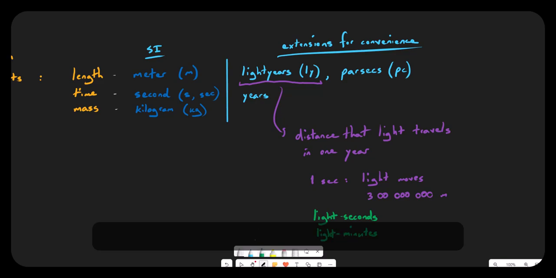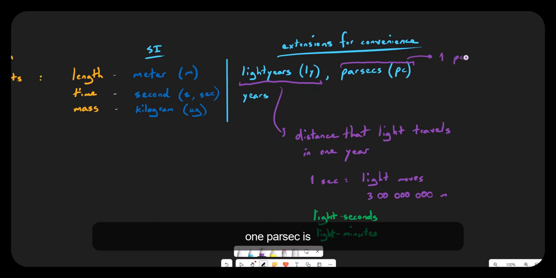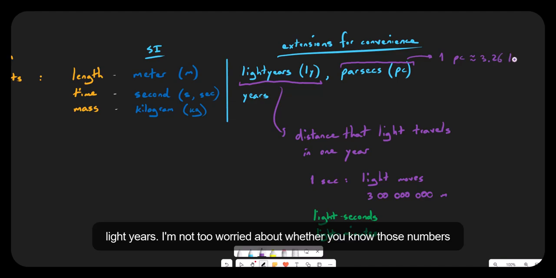Parsecs, they're even bigger. One parsec is about 3.26 light years. I'm not too worried about whether you know those numbers very specifically, but what I want you to get out of this, a light year is a big distance.